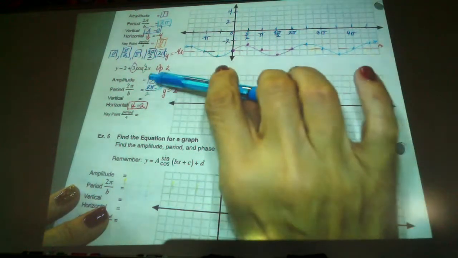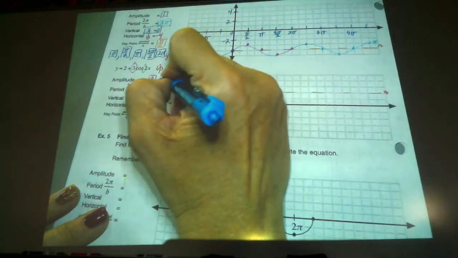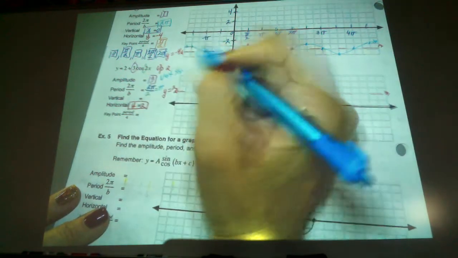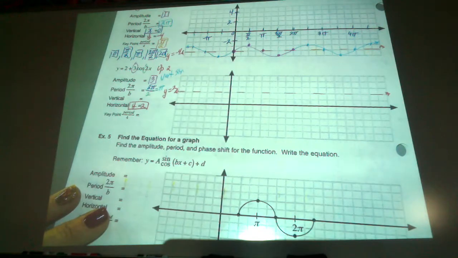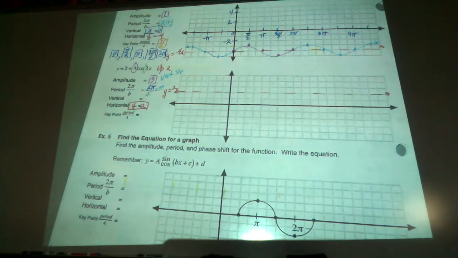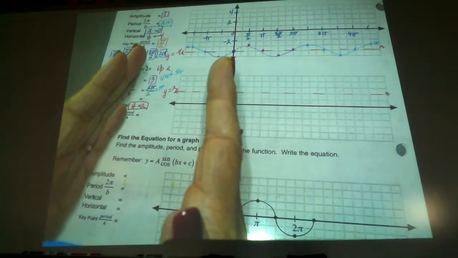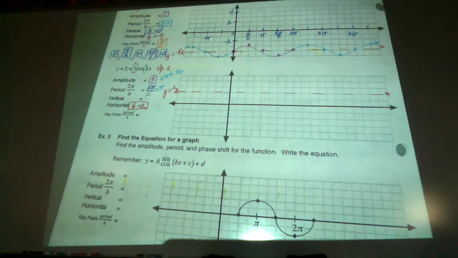The amplitude is your stretch. So this is a vertical stretch of a factor of 3, because it's stretching that up higher. Horizontally, we have a period change, right? So our period went from the normal period of 2 pi down to a period of pi. So that's a horizontal shrink by a factor of pi.